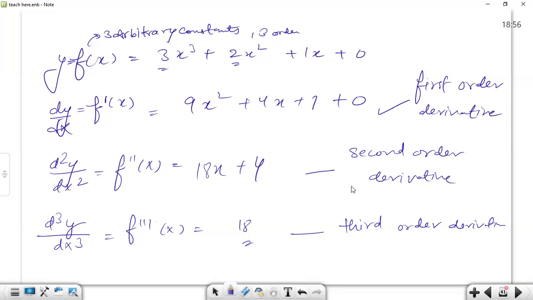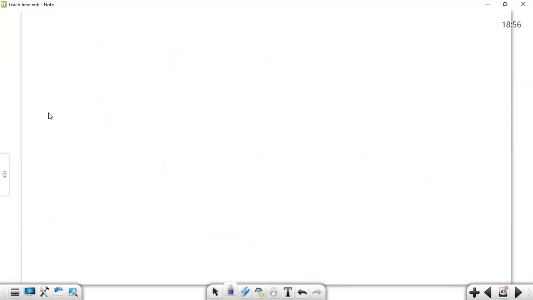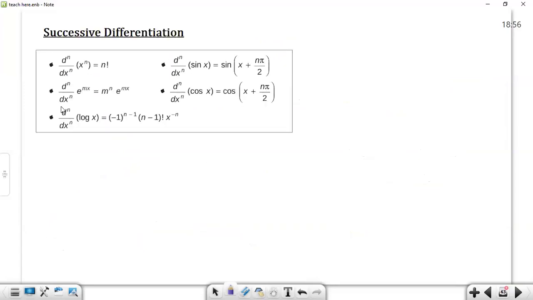So I guess you may have come to know the idea that we can differentiate a function multiple number of times, and that n will be represented like this. These are some observational formulas. You have to remember these.